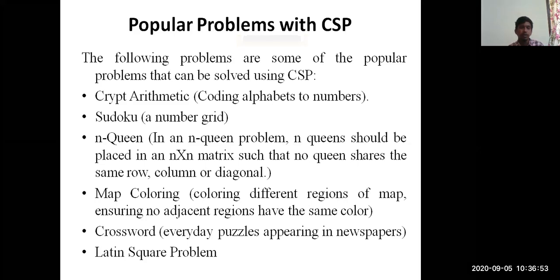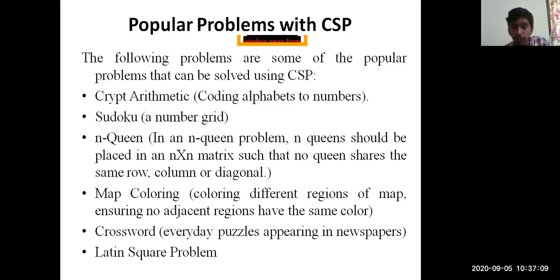So these are some of the popular problems with respect to your constraint satisfaction problem. We can call these the applications of your constraint satisfaction problem. The first one is the cryptarithmetic problem. These problems will be asked from an interview point of view, guys. Basically two words will be given, and you need to draw a conclusion.